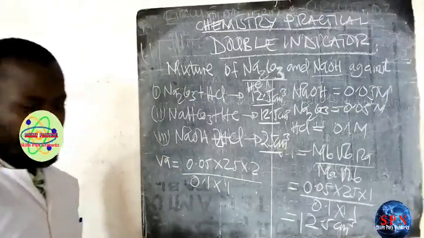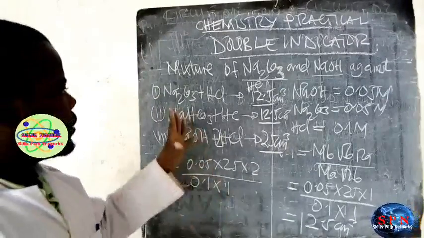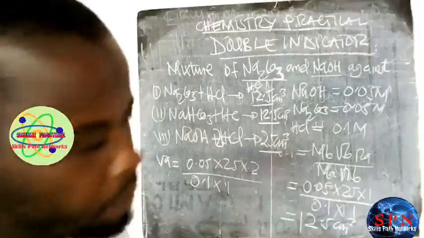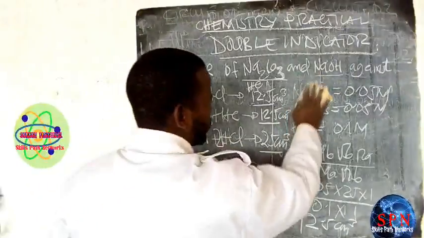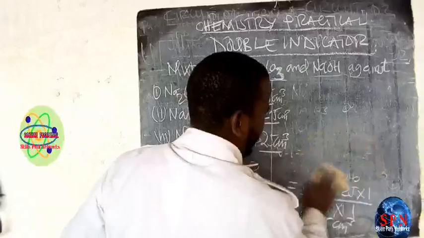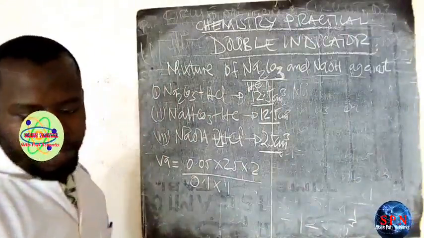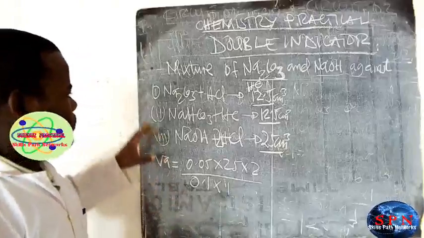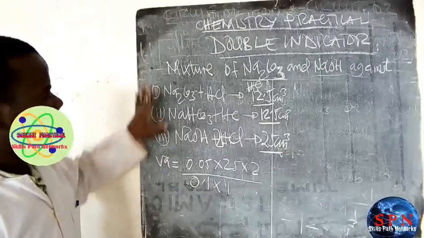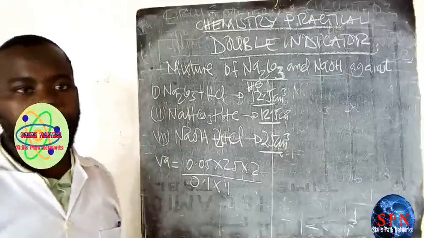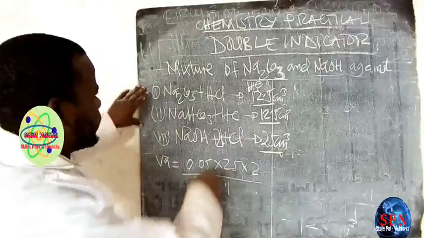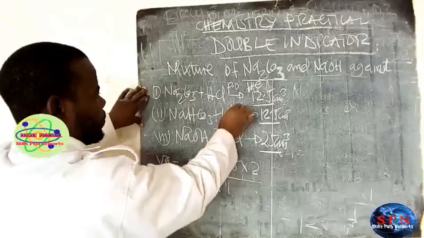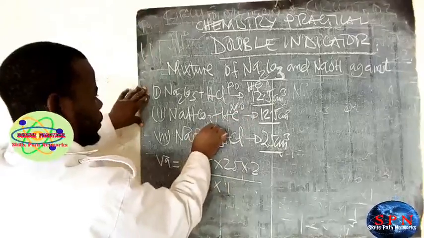So in order to get the volume of acid at each reaction, we use the formula as I have shown. We have said sodium carbonate reacted twice, so here there is POP, here is MO, and here is POP.